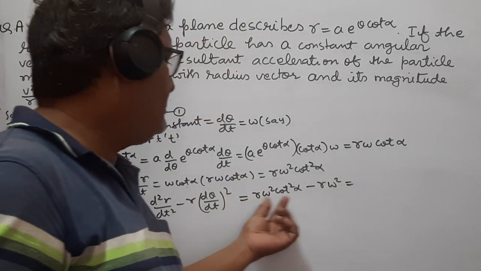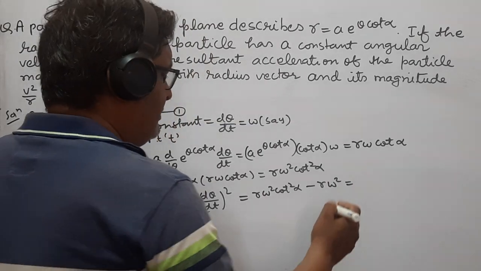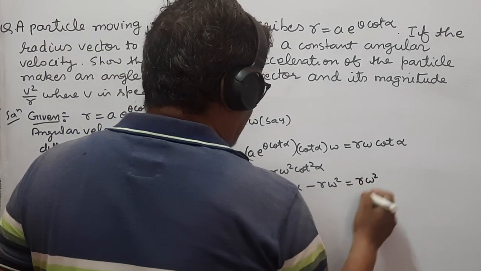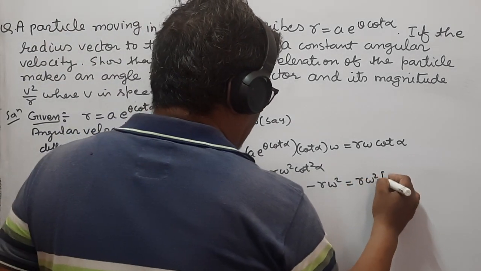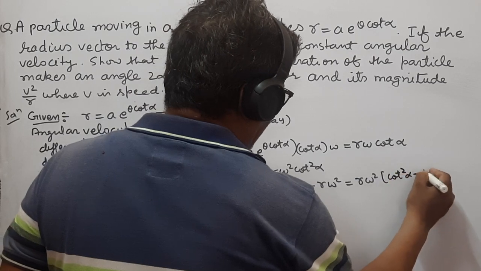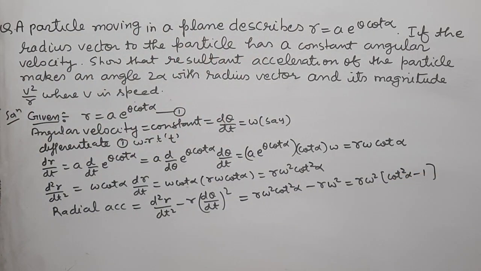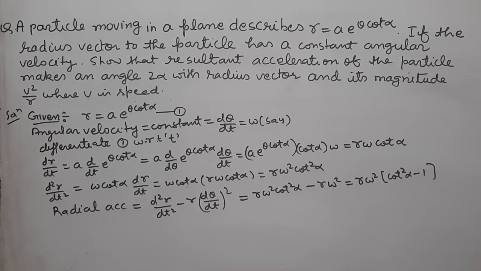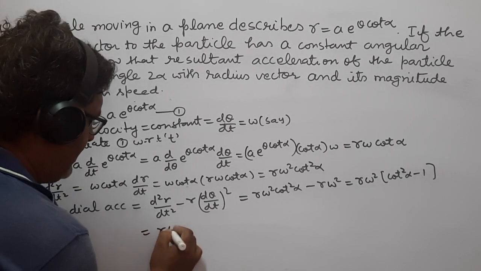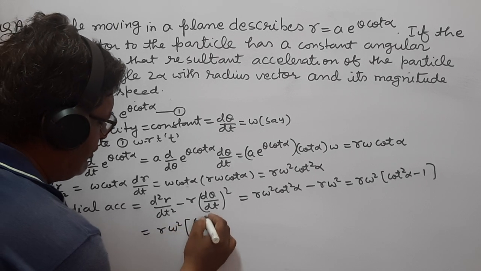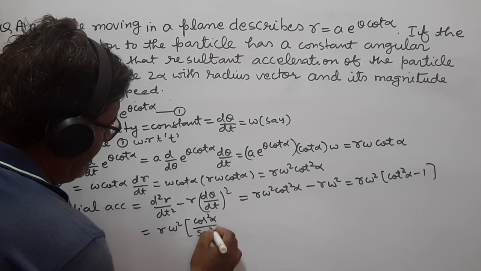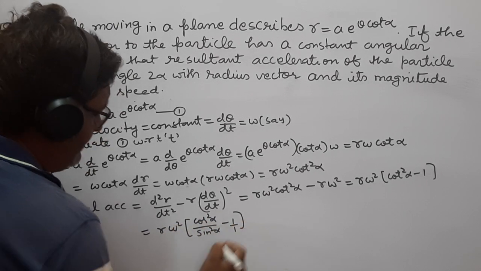Now we can see here this r omega square is constant. So we take common r omega square and cot square alpha minus 1. You can see here this cot square alpha minus 1 can also be written as r omega square into cos square alpha divided by sin square alpha minus 1.